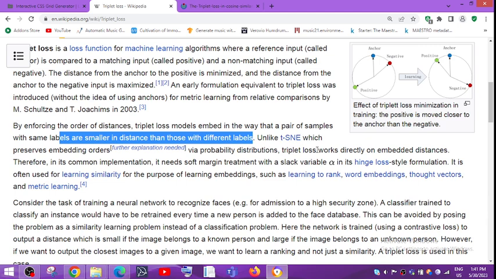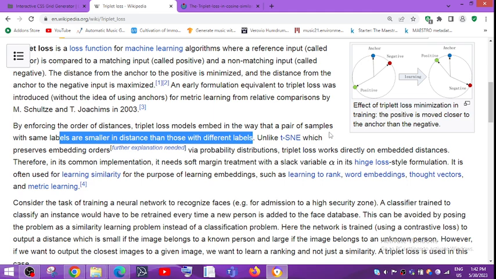Therefore, it is a common implementation. It uses a soft margin treatment with the slack variable alpha in its loss formulation. So basically, it is used in the embedding layer itself, and it is mostly used in learning to rank, word embedding, thought vector, and metric learning.